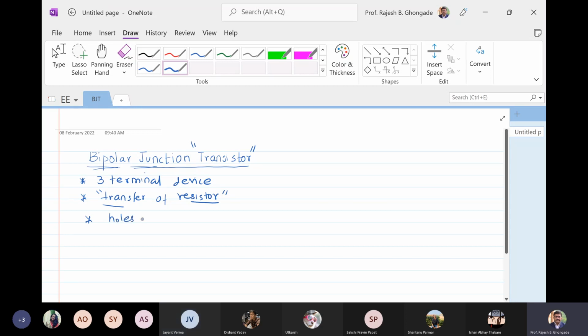Okay, holes and electrons. So holes and electrons both play a role in this particular transistor, and that is the reason why it is called bipolar. Essentially, we consider holes as positive and electrons as negative, roughly. So that is why we call it a bipolar transistor.